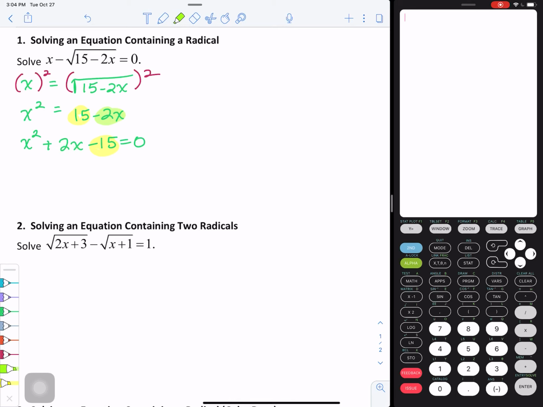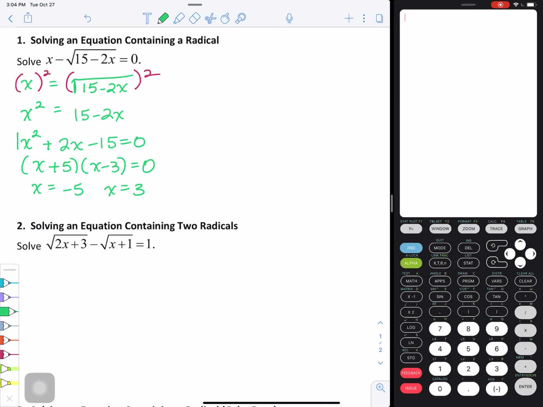So when you move these terms, just change the signs, and you can work quite quickly. So let's go ahead and factor this. This is not a difficult one since the leading coefficient is 1. And now we can use our zero factor property. So x is equal to negative 5, or x is equal to 3, or both, one or the other.